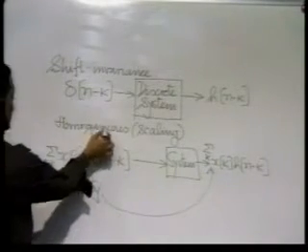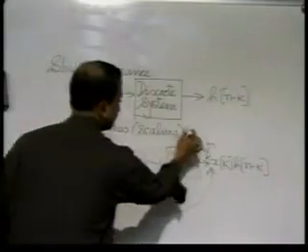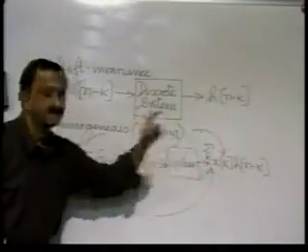So, homogeneity gives us this part and additivity gives us this part.